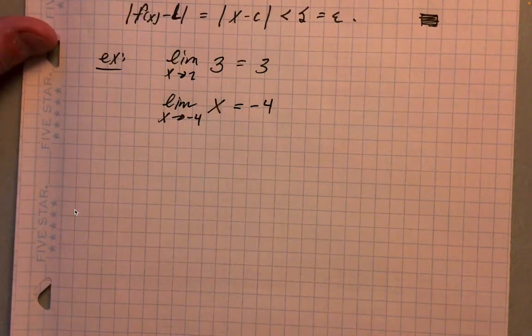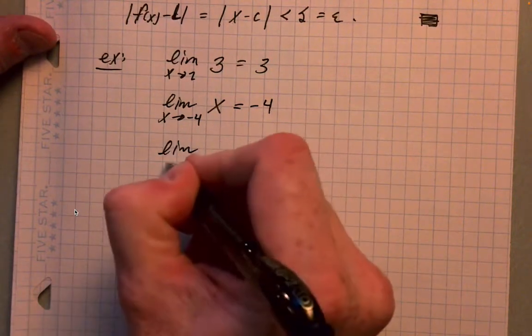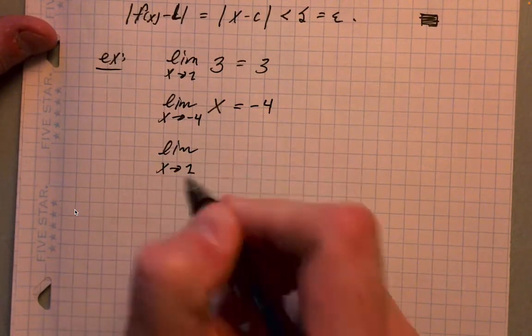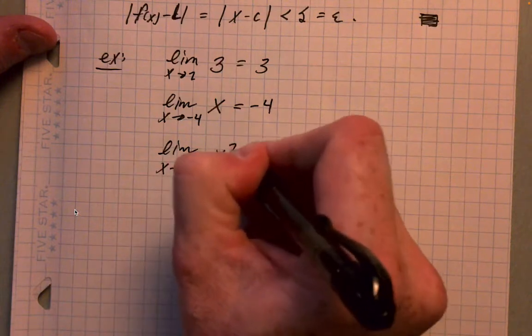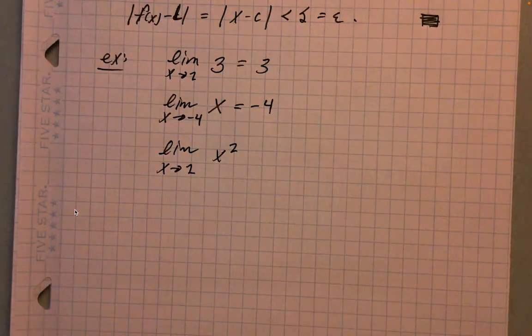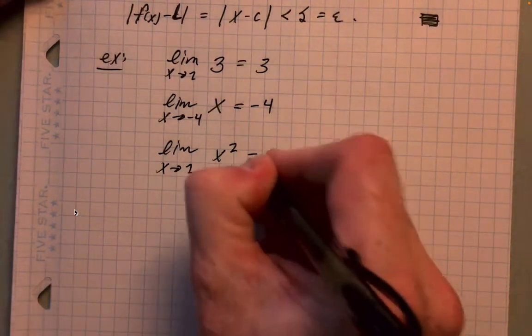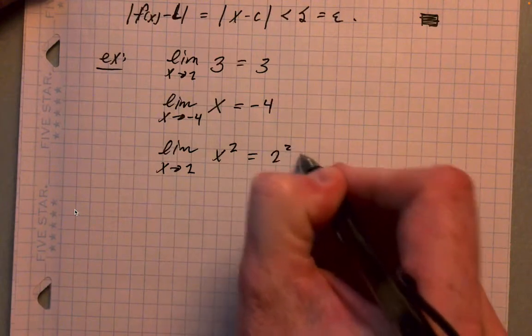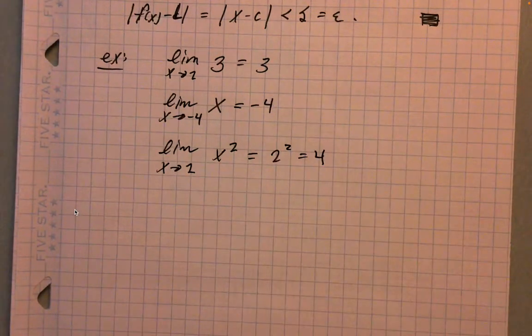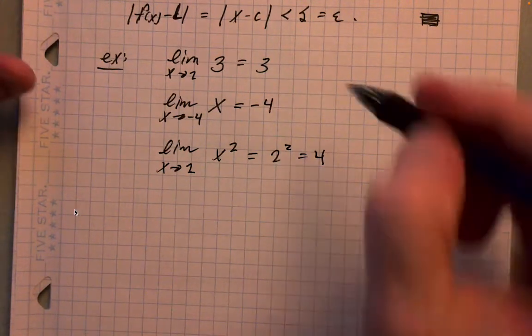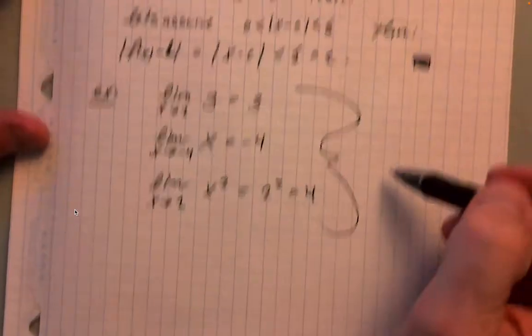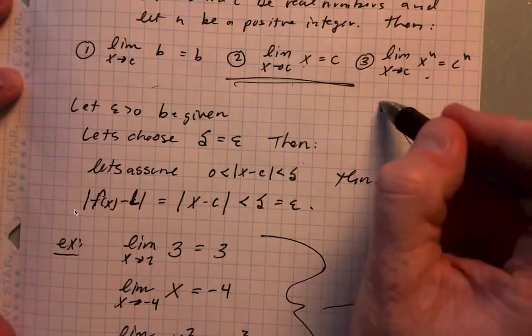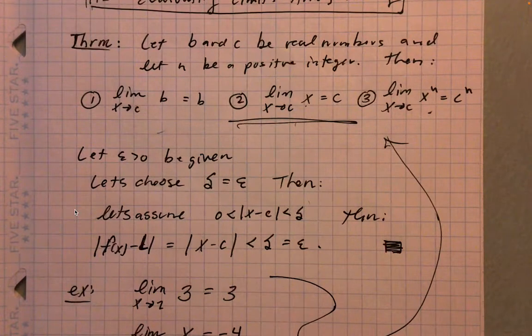The limit as x approaches 2 of x squared. So this would be an x to the n, where n is a non-negative integer. In this case, we would say that it's 2 squared, or 4. So simple, direct application of this theorem up above.